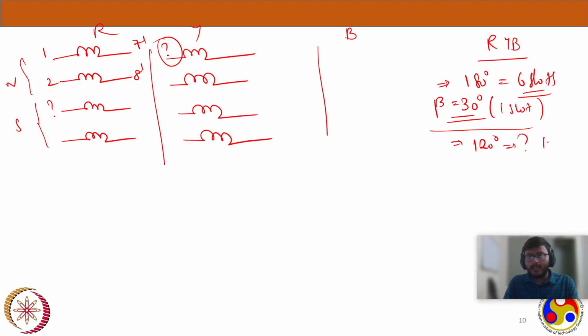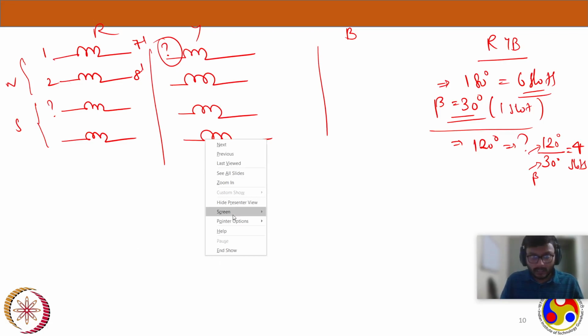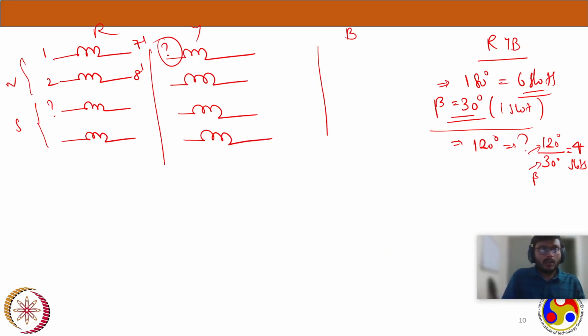Can anyone tell me how many slots is 120 degrees? Simple. 120 by 30. This is beta. This is the phase displacement between two phases. This is 4 slots. Now with this logic, if it is 1 here, this will be plus 4.